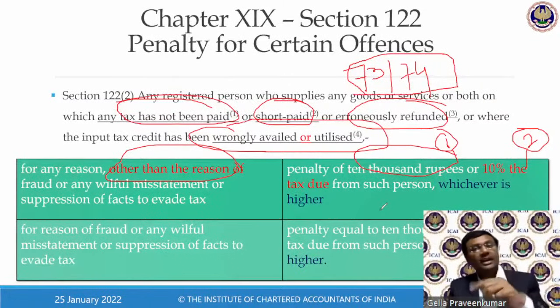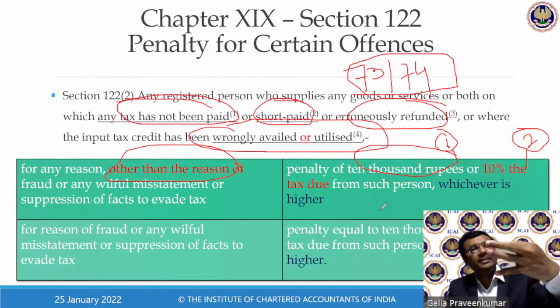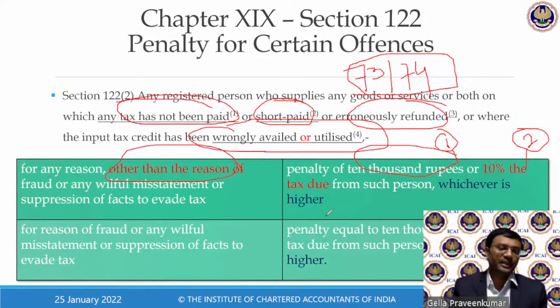Now, it is the non-existence of allegation, that is fraud, willful misstatement, suppression. Any of these 3 does not exist. My penalty is 10,000 or 10% of the tax due. So what if there is the existence of fraud, willful misstatement or suppression? Then penalty equivalent to rupees 10,000 or tax due from such person, whichever is higher.